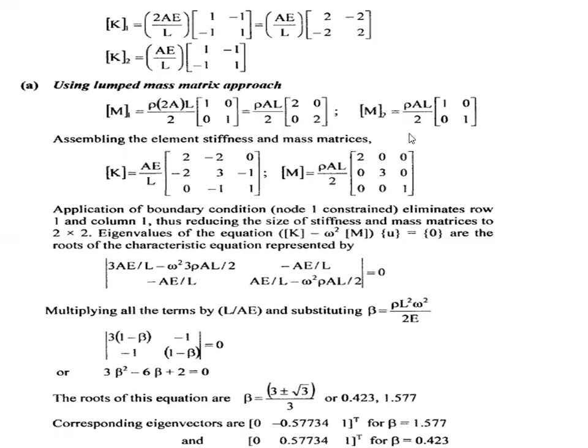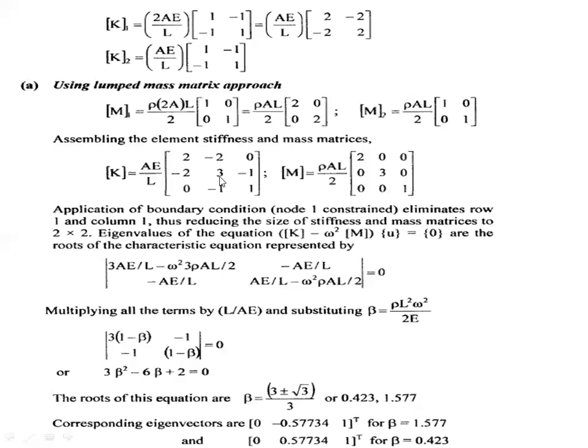So therefore you can use the elimination process to reduce the complexity of the problem. If you use the elimination process, u1 is 0, therefore you should eliminate the first row and first column in k as well as m.